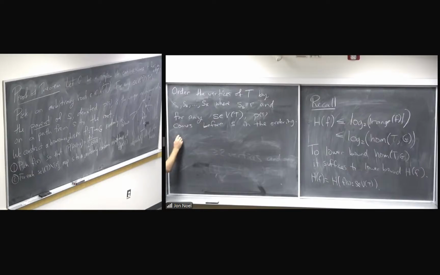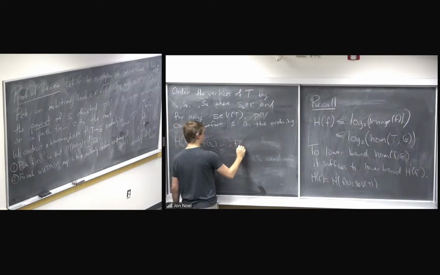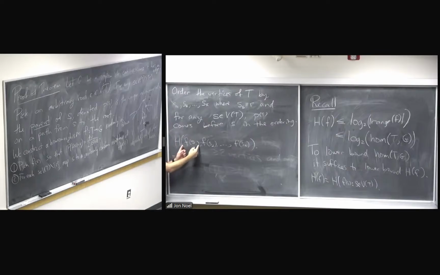Okay, so let's look at this entropy. By the chain rule, I can split this up. I can take the entropy of the first vertex, which is the root. So the entropy of the image of the first vertex.